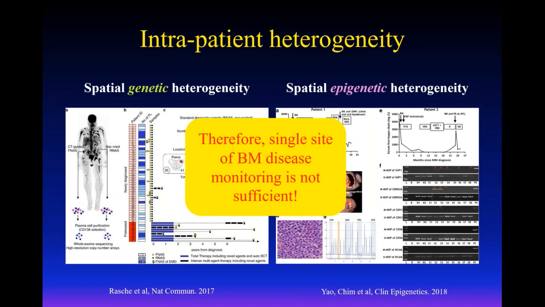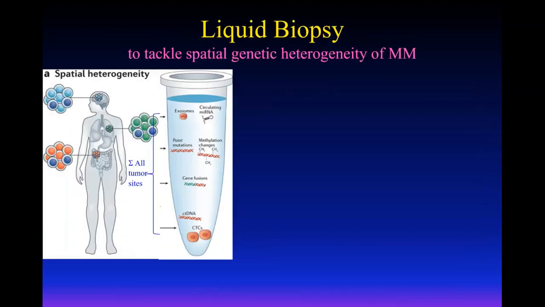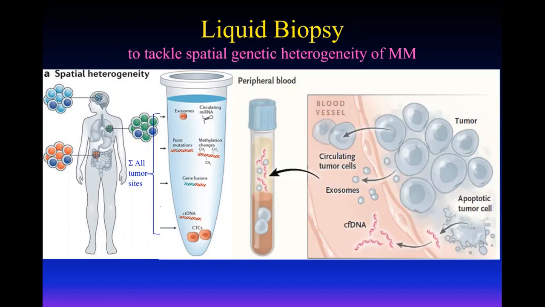Because of that, one way to tackle this spatial heterogeneity is cell-free liquid biopsy, so basically taking a blood sample. What you can see from the blood sample is that you may be able to detect circulating tumor cells. You may detect tumor RNA, because it is concentrated and protected from degradation in the exosome, or you may detect tumor-derived DNA as cell-free DNA.